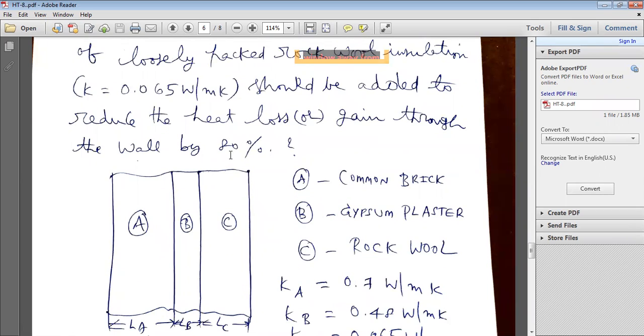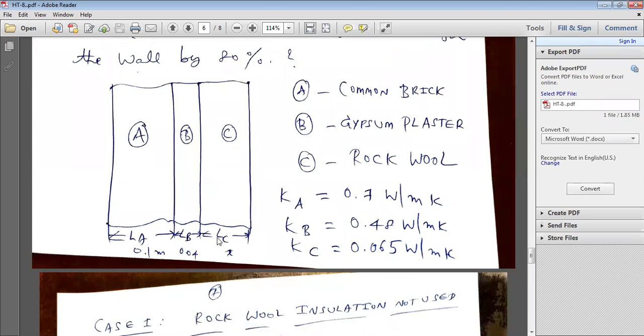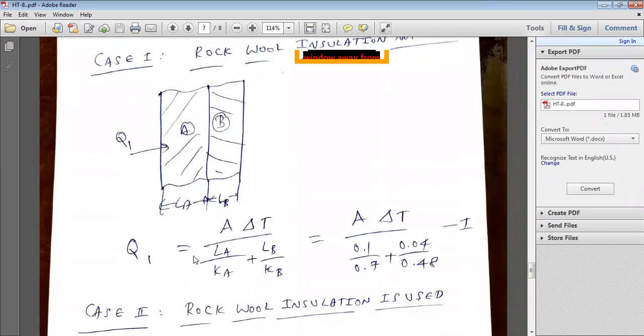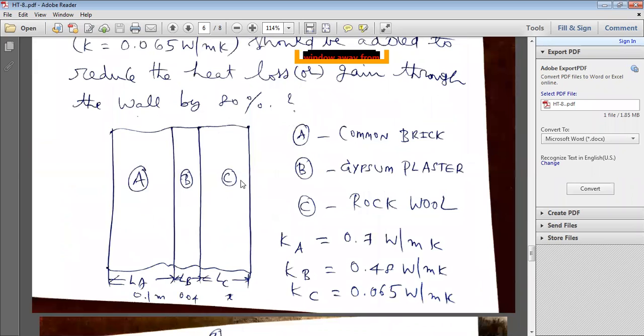If you want to reduce the heat transfer by 80%, what thickness of material C, LC, should be added? Initially there are two materials with heat transfer Q1, and if you add a third material to reduce the heat transfer by 80%, how much thickness of the third material should be used?